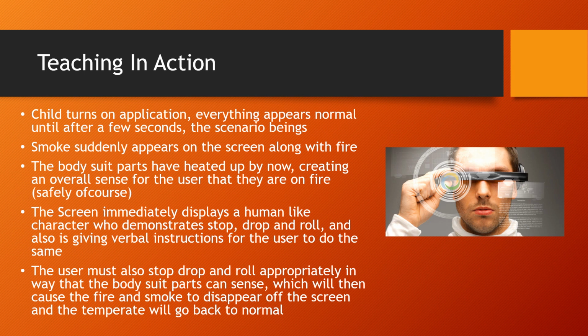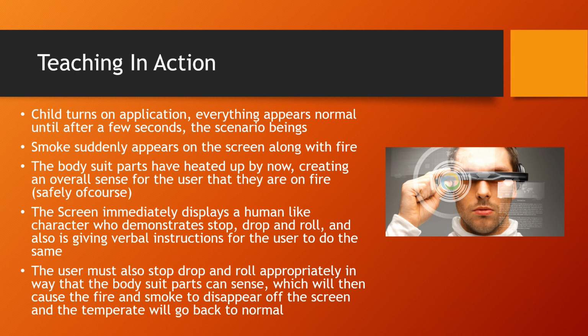So in my mind, the way this would work is they'd put on these goggles or glasses, and the application to teach fire safety would begin. Everything would appear normal in their room, and then a few seconds later, the scenario would begin with the room they're in suddenly becoming foggy.